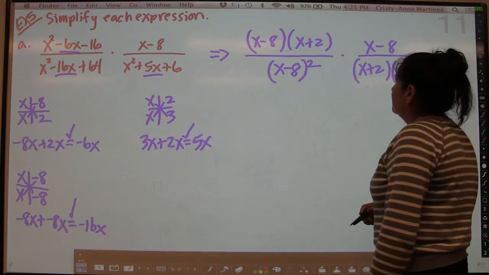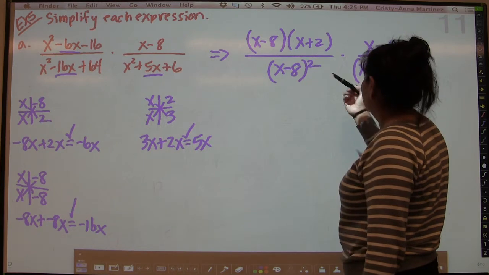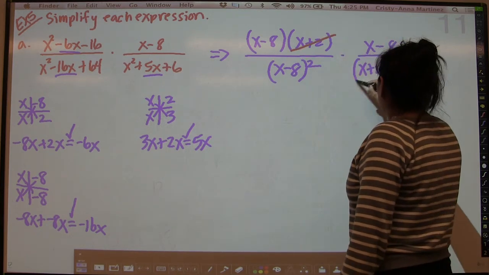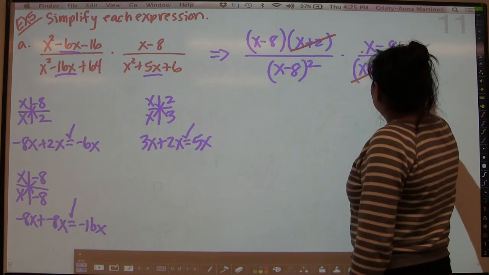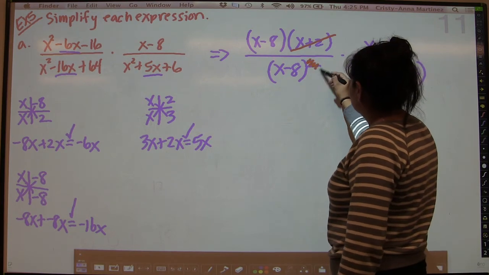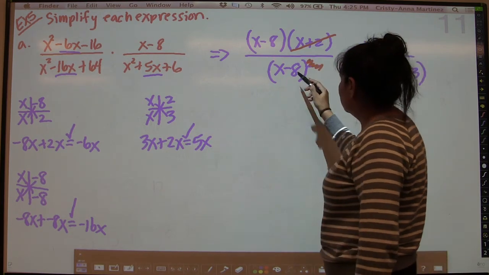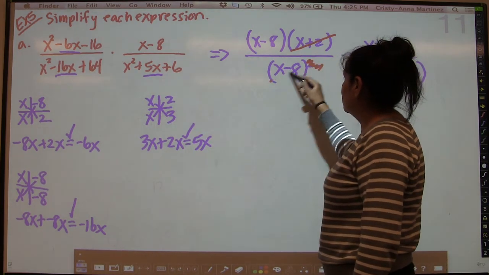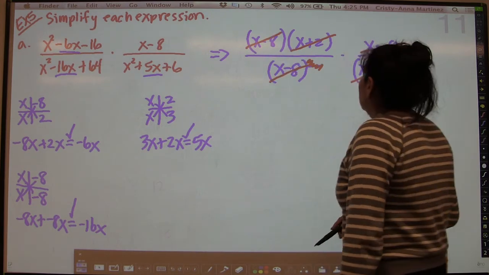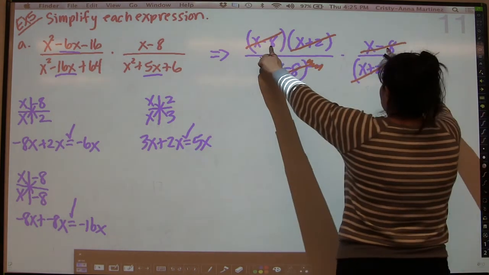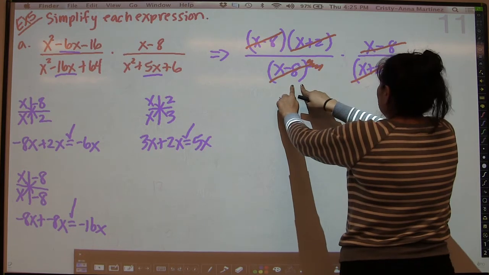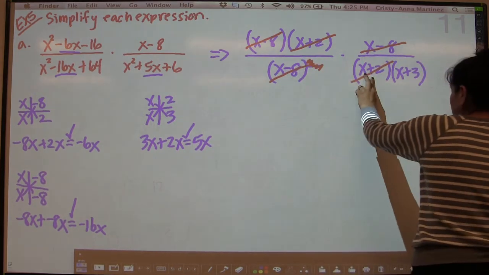Then we can see a lot of things that you can cancel from the get-go. We can take the x plus 2 out. This x minus 8 can cancel with one of these x minus 8s. And then this x minus 8 that's left will cancel with the x minus 8 on top. And so you have 2 x minus 8s on top, 2 on the bottom, so they've all canceled. Your x plus 2s have canceled.